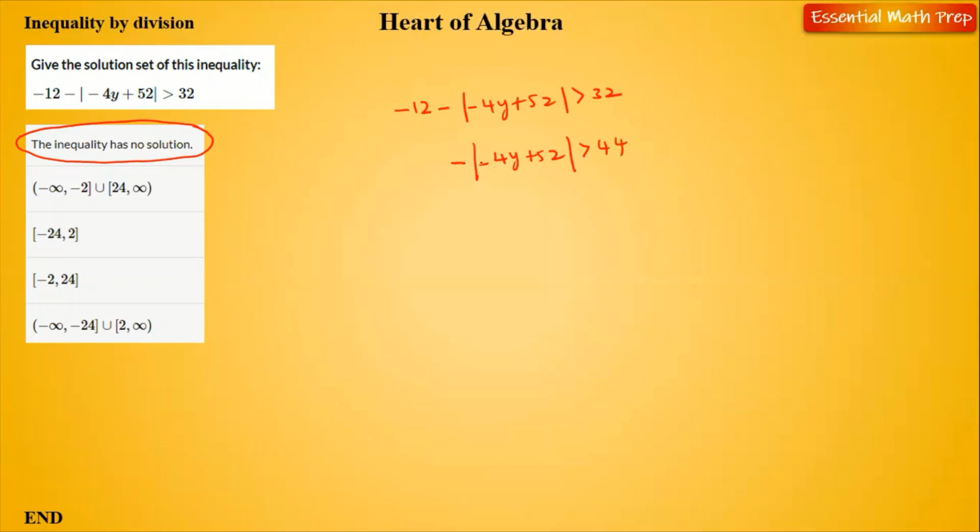And you can get rid of the negative by dividing by negative throughout or multiplying, doesn't matter. So it's the absolute value of negative 4y plus 52 less than negative 44, right? Isn't that right? Right.